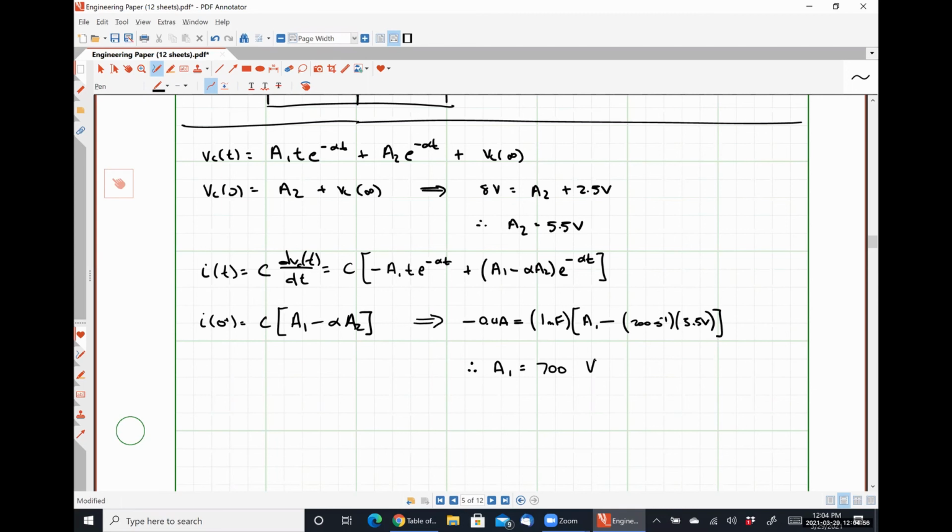Seems excessively large. But, actually, excuse me, A1 is equal to 700 volts per second, right? And it has to be volts per second because we know that this coefficient A1 is going to be multiplied by T, okay? So while that may seem like an unusually large number, it's actually fairly reasonable because it's representing a rate, not a specific voltage.